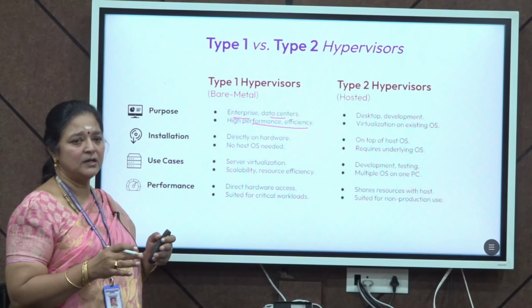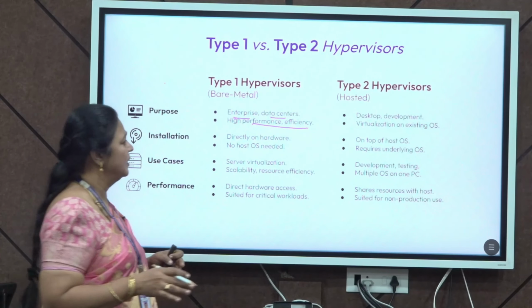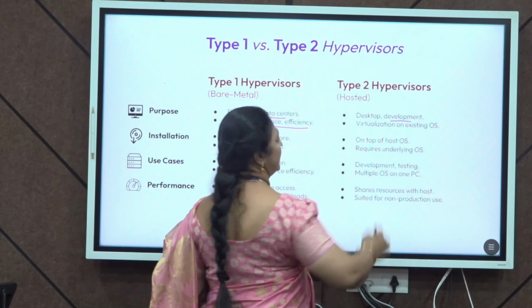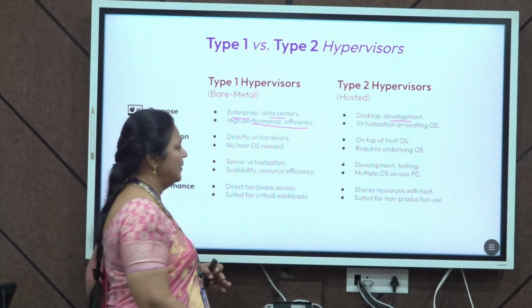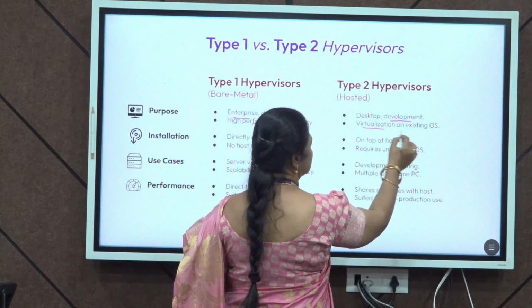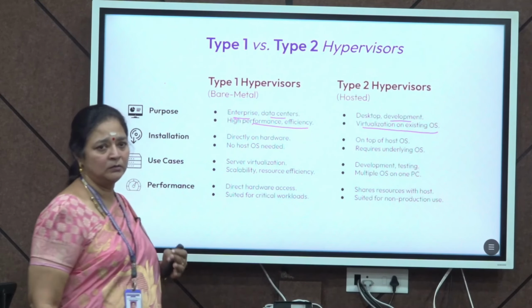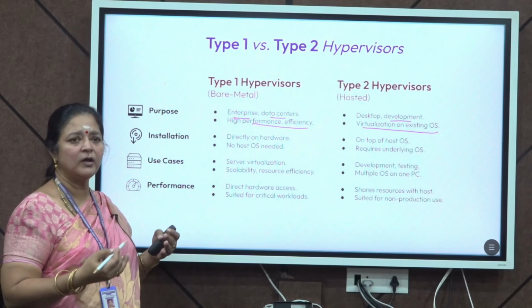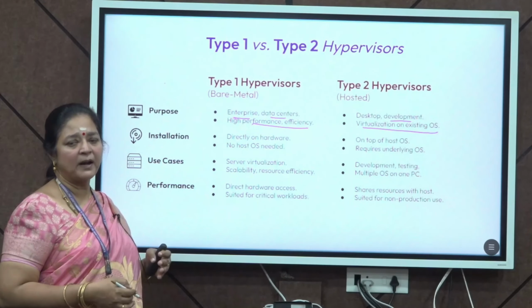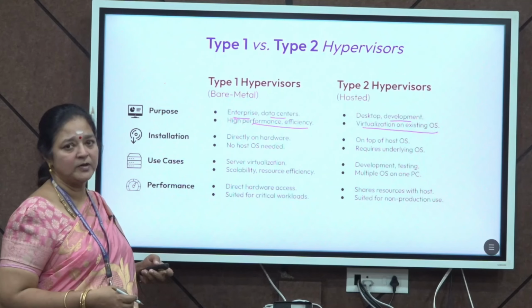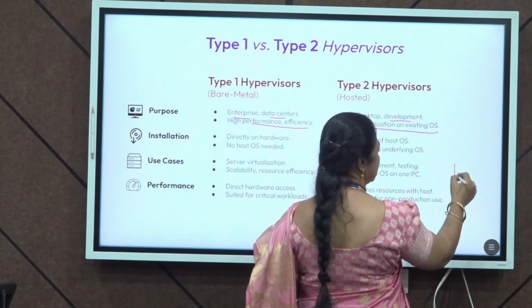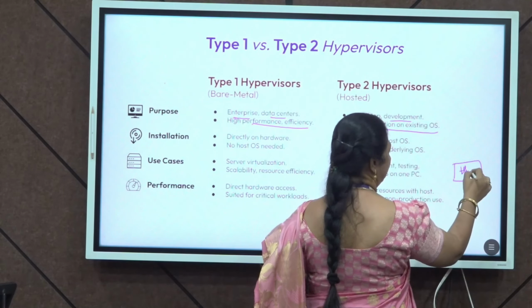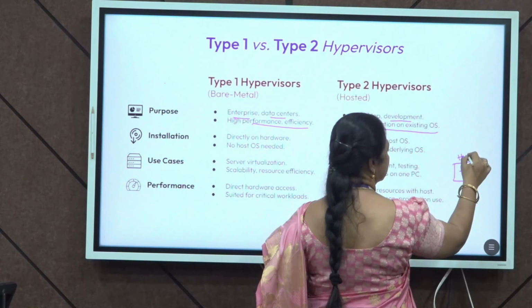If it is a single desktop based system used for development, we can go for type 2 hypervisor, and this is to achieve virtualization on an operating system. That is, in regular laboratory practices we can go for type 2 hypervisors, because what is the problem in type 2 hypervisor? You have the hardware here and the host OS here.